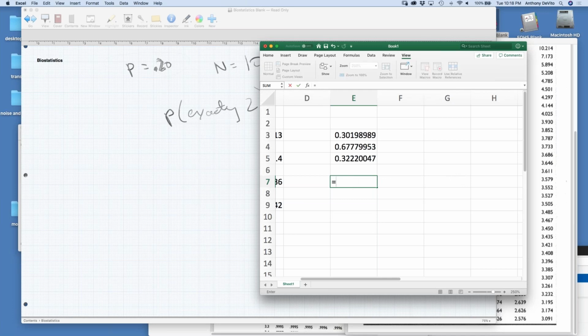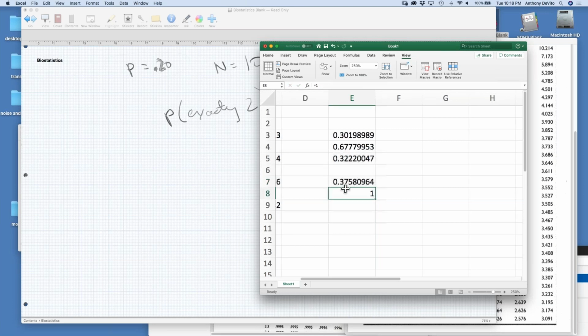I'm going to say the probability of more than one person: BINOM.DIST, parentheses, I'm going to put in 1 for successes, 10, comma, 0.2, comma, and true, and that would give me the probability for 1 and 0. Since I asked for the probability of more than one person out of 10, in other words, 2 and up, it's going to be equal to 1 minus the probability for just 1 and 0.